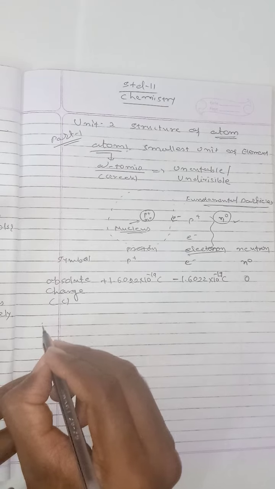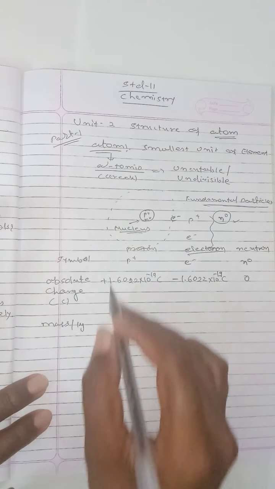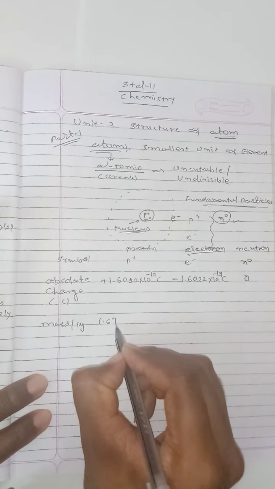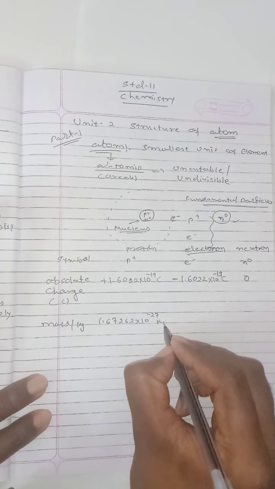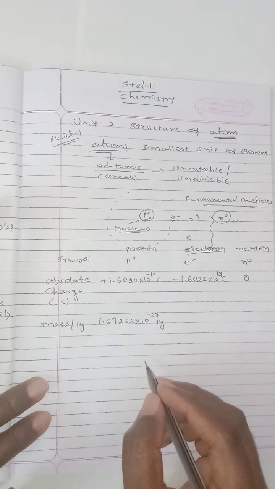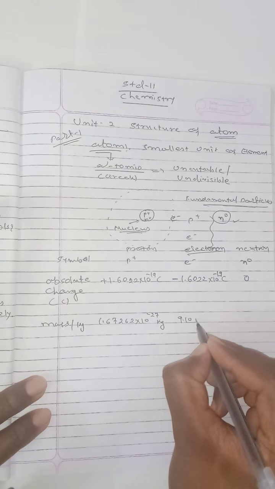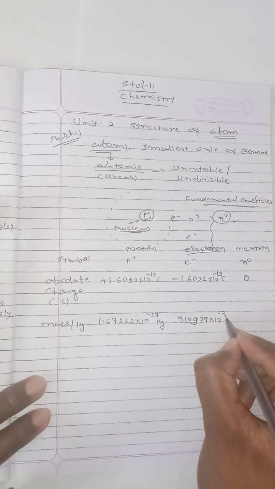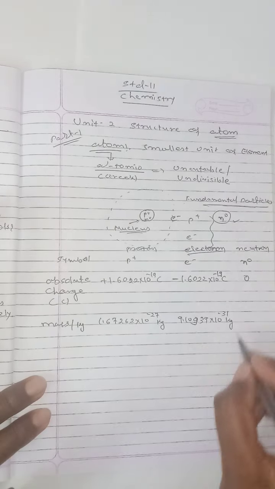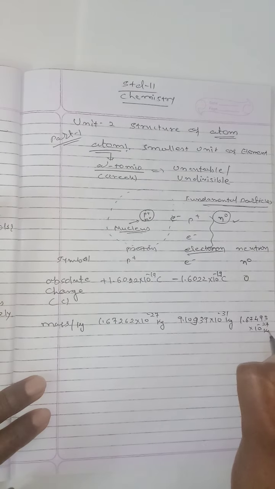Its mass in kilograms: for proton 1.67262 into 10 raised to minus 27 kg, for electron 9.10939 into 10 raised to minus 31 kg, and for neutron 1.67493 into 10 raised to minus 27 kg.